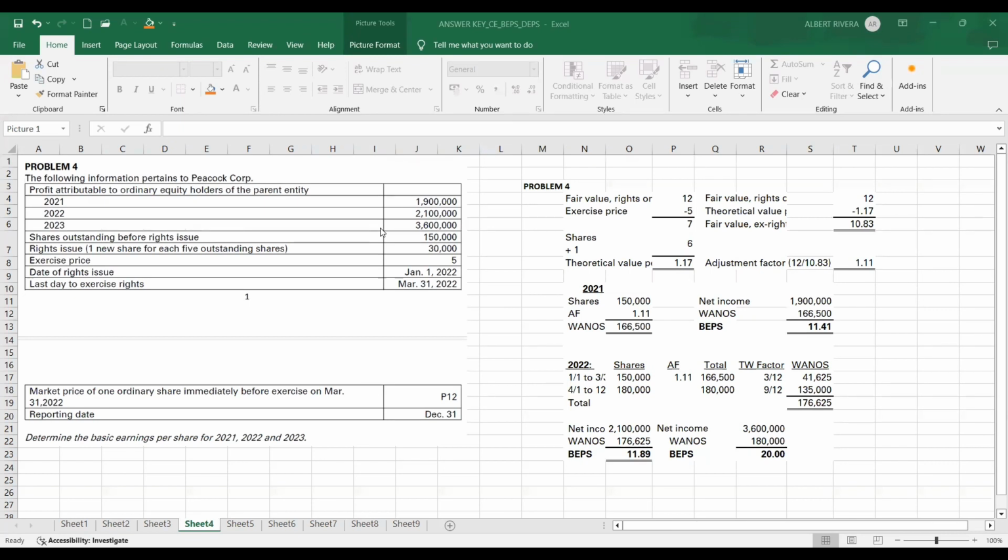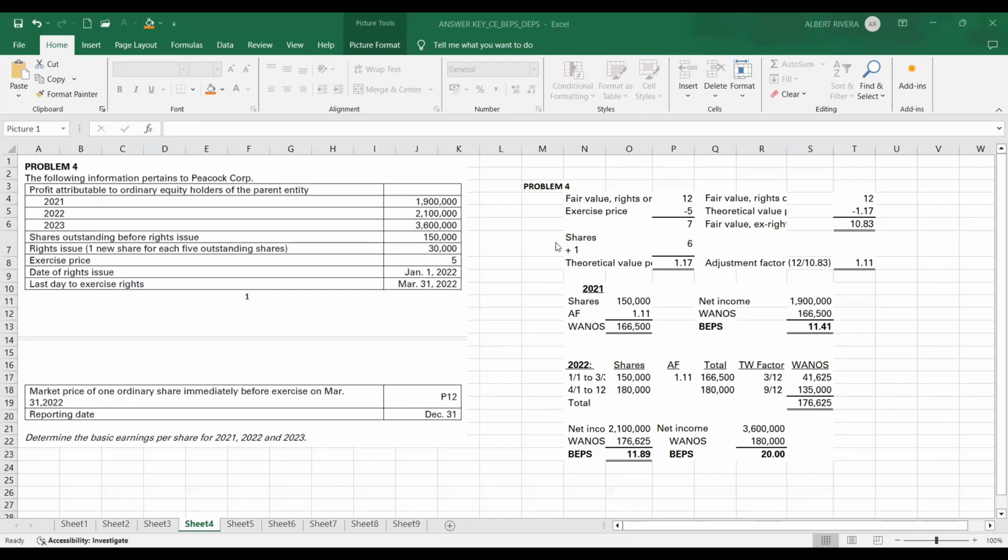Ng stock rights. Kapag ang stock rights are issued at rights on, the theoretical value formula would be ito yun. So, fair value of rights at rights on minus the subscription price or the exercise price divided by the number of shares to purchase 1 share plus 1. Ayan, kaya shares plus 1.